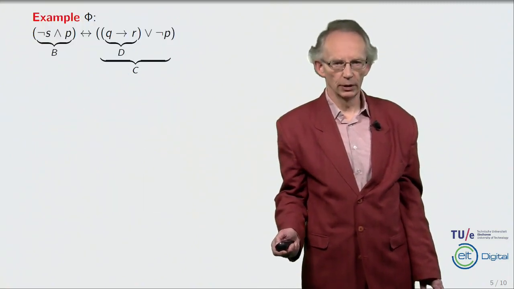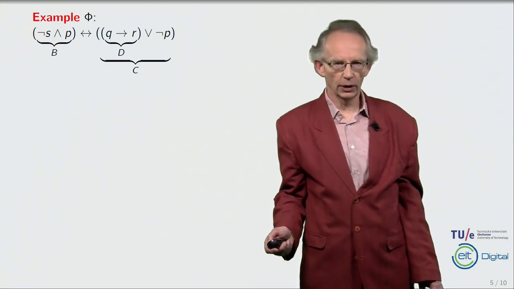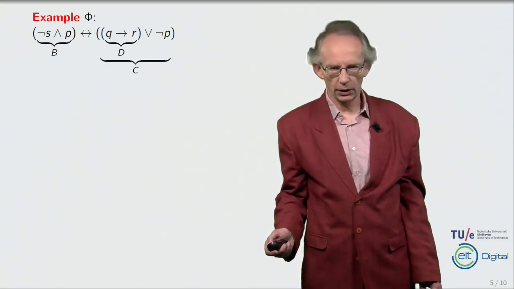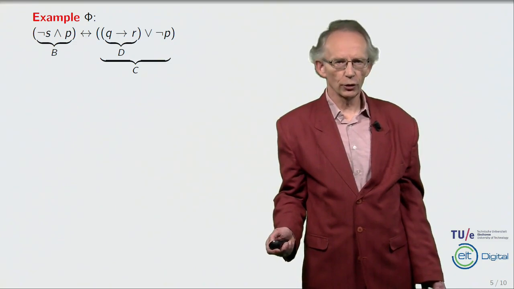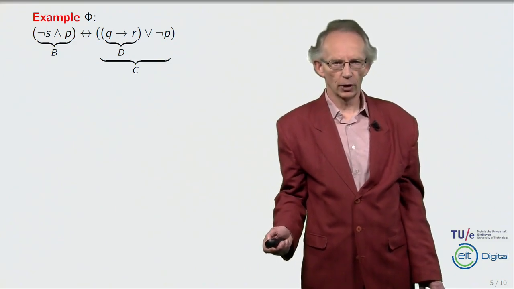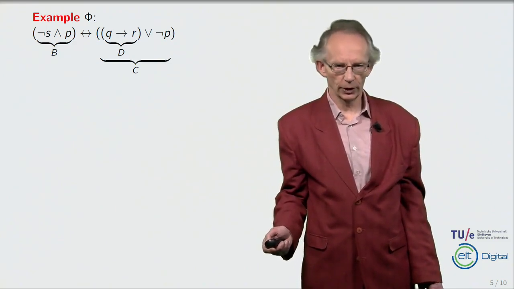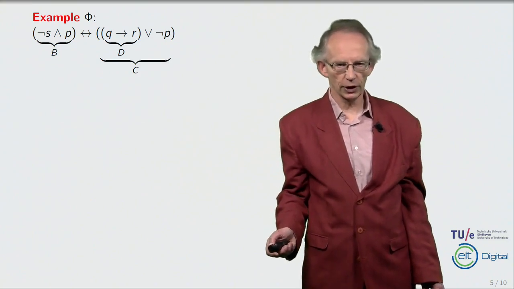Let's give an example. Here we have an arbitrary formula in which many binary operations occur, and we have a number of non-variable subformulas B, C and D, and also the formula itself.